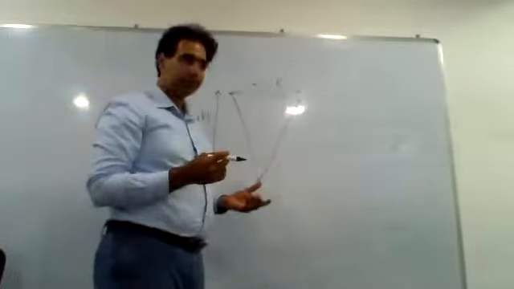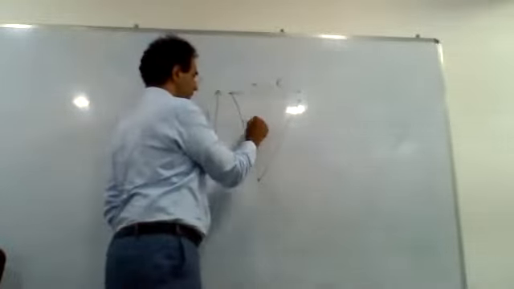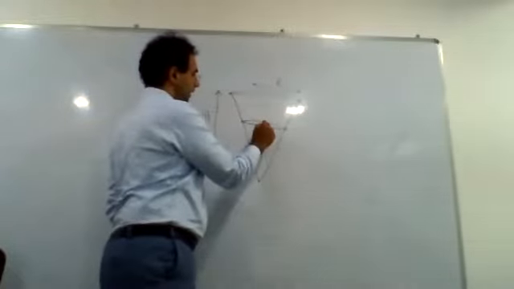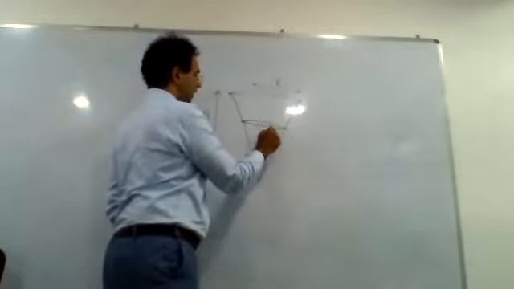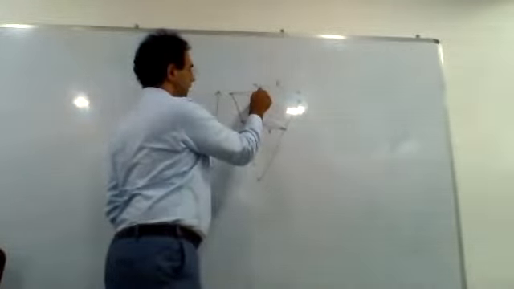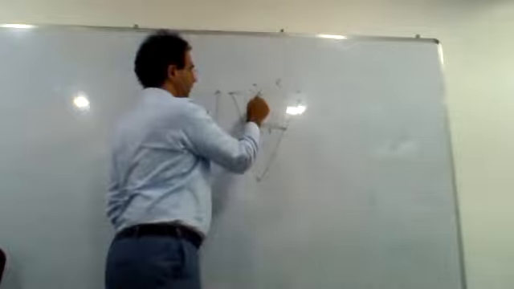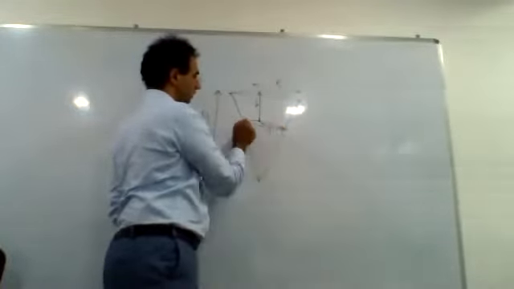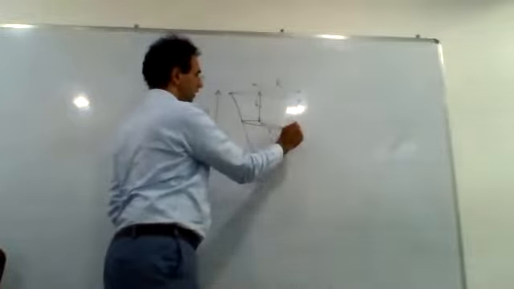Now, how will we do it? You take a small slice. Let's say its radius at this point is small r, and let's say this is at a height of small h. Let's say that the height of this specific slice is dh.